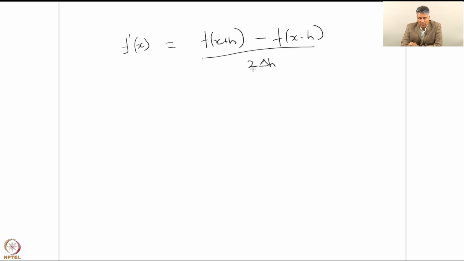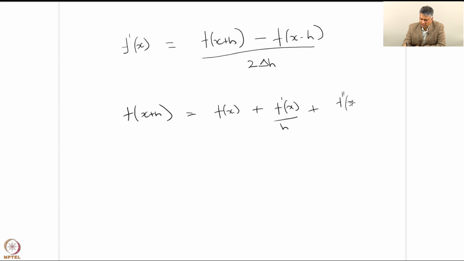How does this come about? We derive it from the Taylor series expansion, where f of x plus h is equal to f of x plus f dash x times h plus f double dash x times h square over 2 factorial, and so on and so forth.